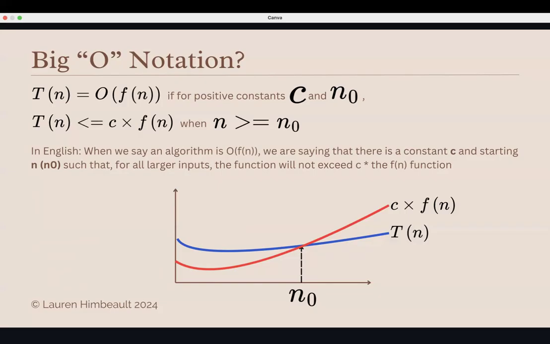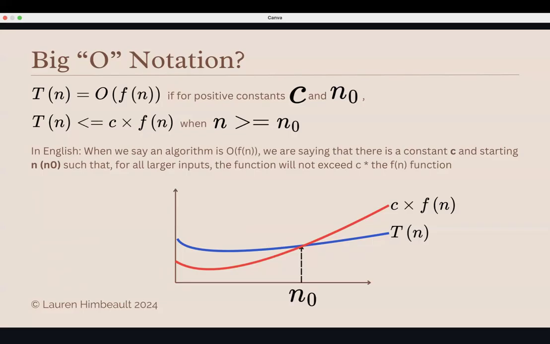As our problem space gets bigger, we can guarantee that our blue line here, our T of n, our running time, is going to be under that c times f of n. That's what we're saying. We're saying that the very worst case is that f of n, and we can guarantee that for any value greater as n grows, as n gets bigger.